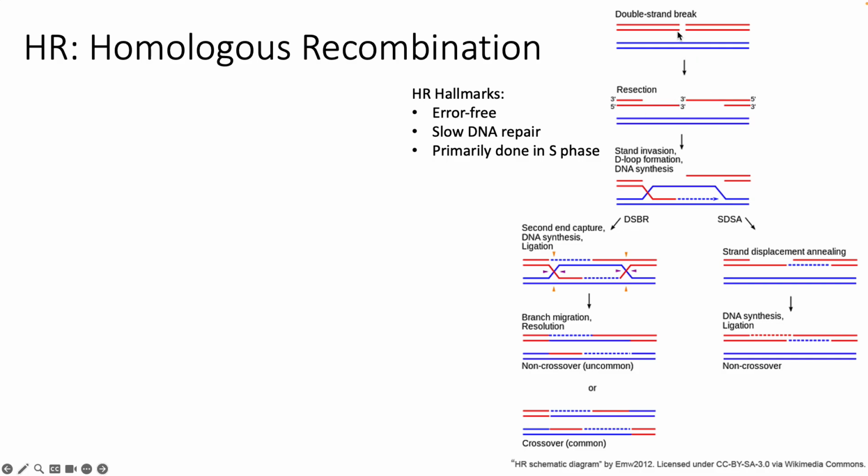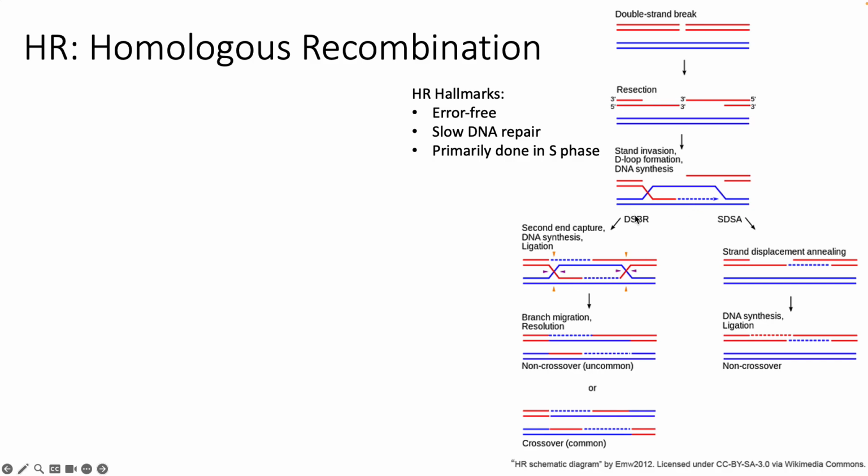Then resection occurs of the damaged DNA, creating flanking regions, and these flanking regions invade the sister chromatid or homologous chromosome and use it as a template to repair itself.